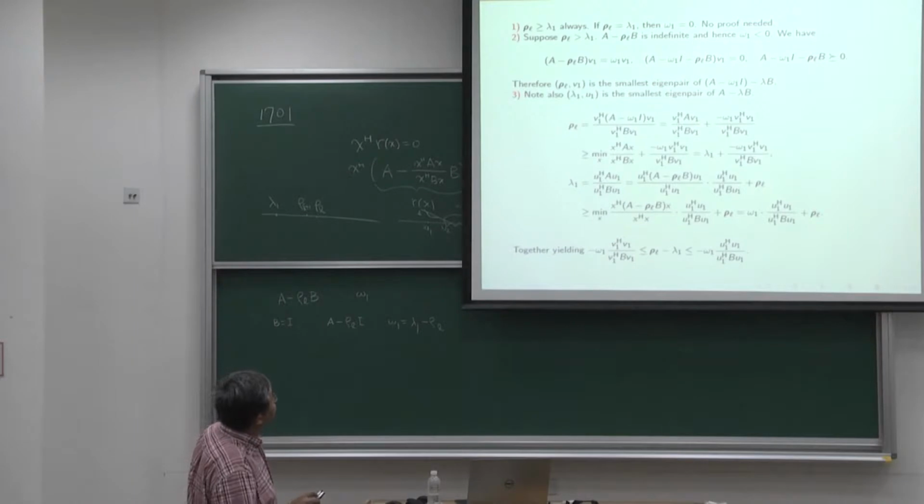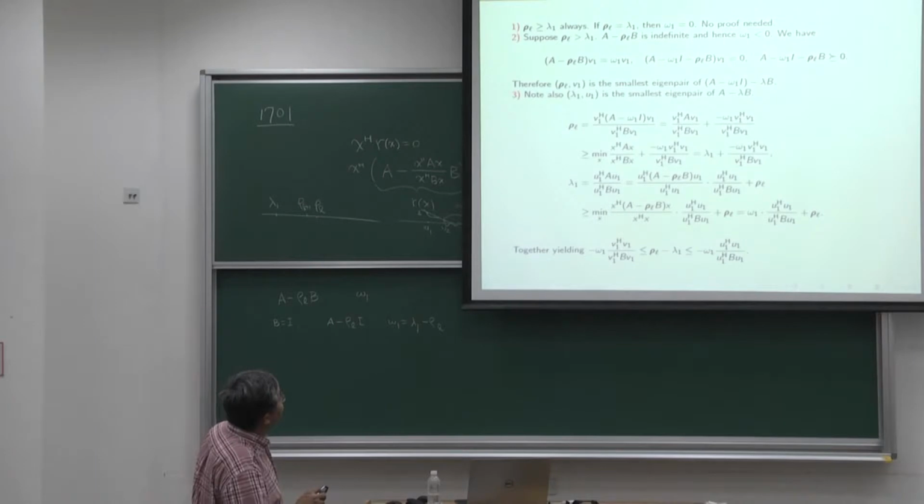Then you separate them into two parts. That's easy. Then this is a Rayleigh quotient in v1. I'm going to replace this by the minimum over all nonzero x, which makes the first term smaller. You minimize it, and the second term doesn't change. So you get that.